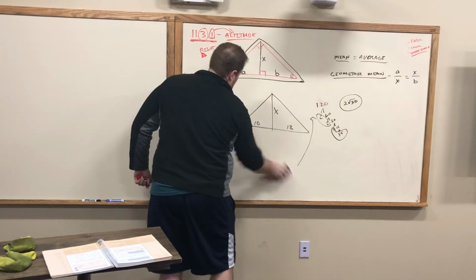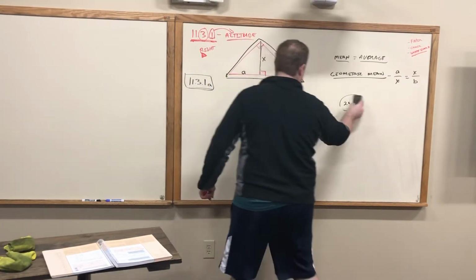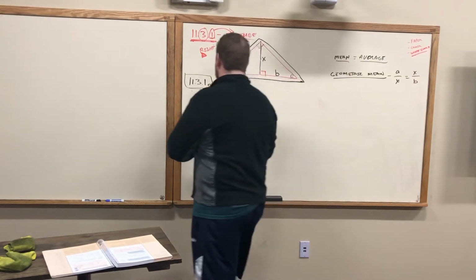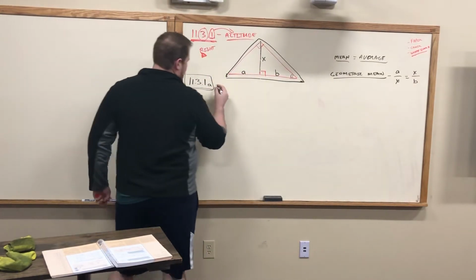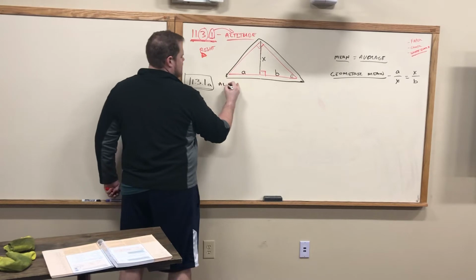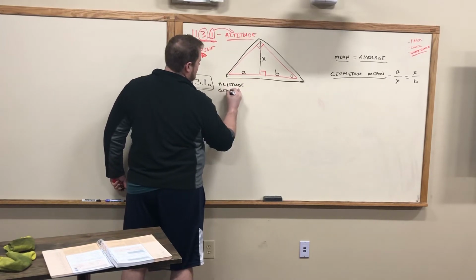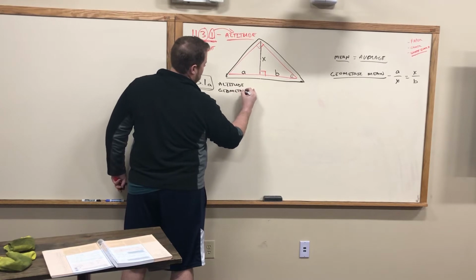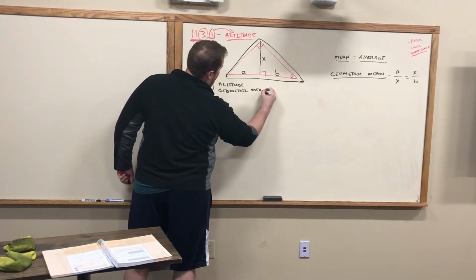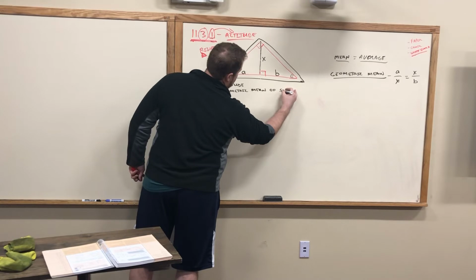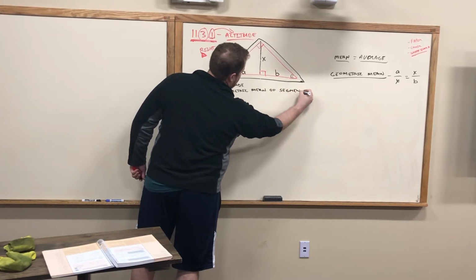So 11.3.b is a little bit different. 11.3a says that my altitude is the geometric mean of the segments. Everybody got that?